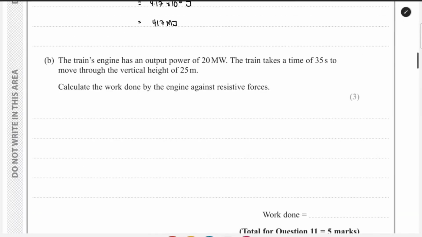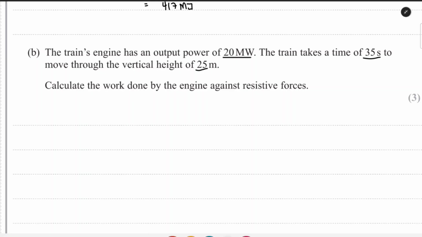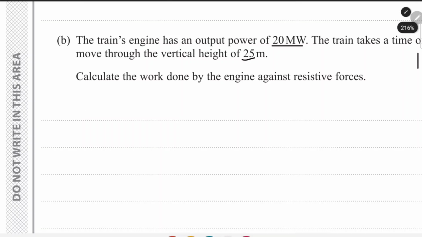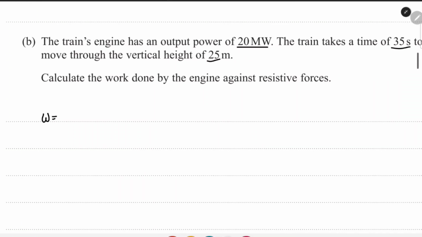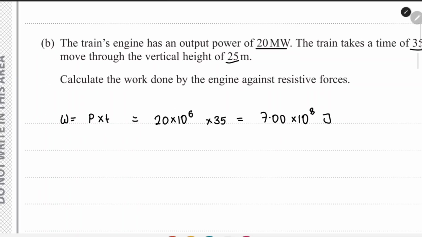Now for part B, we are given that the train has an output power of 20 megawatts. It takes a time of 35 seconds to move the vertical height. So this will give us the work done by the engine in total. The work done by the engine over here will be the power multiplied by the time. So we have 20 into 10 to the power 6 watts multiplied by 35, which gives us a work done of 7.00 into 10 to the power 8 joules.